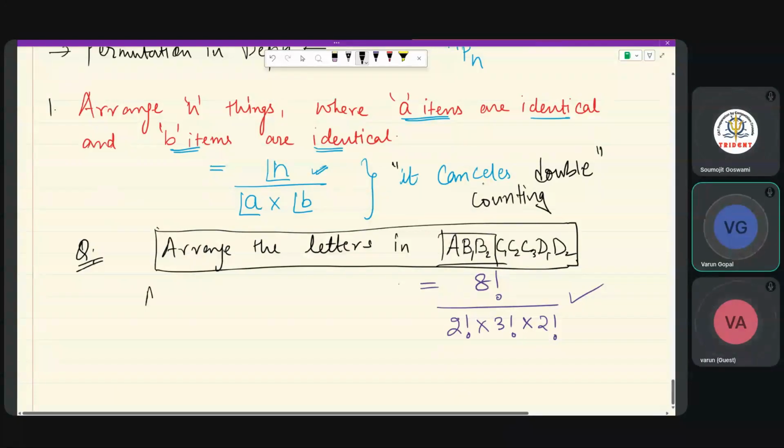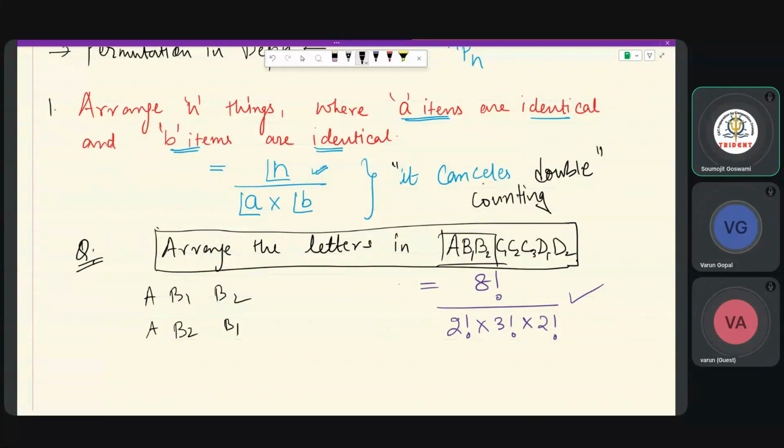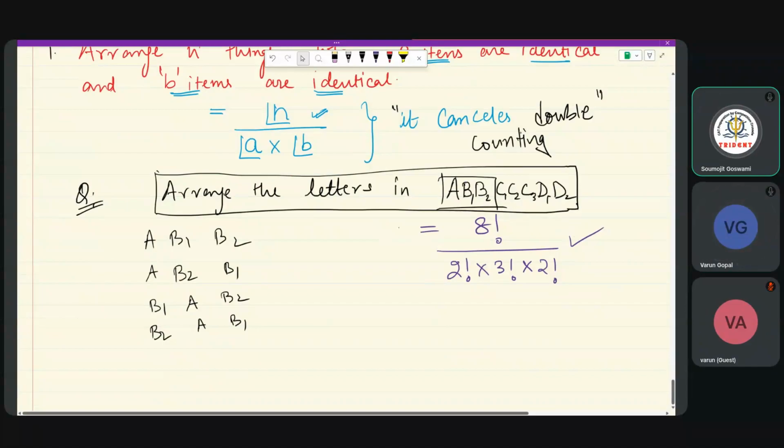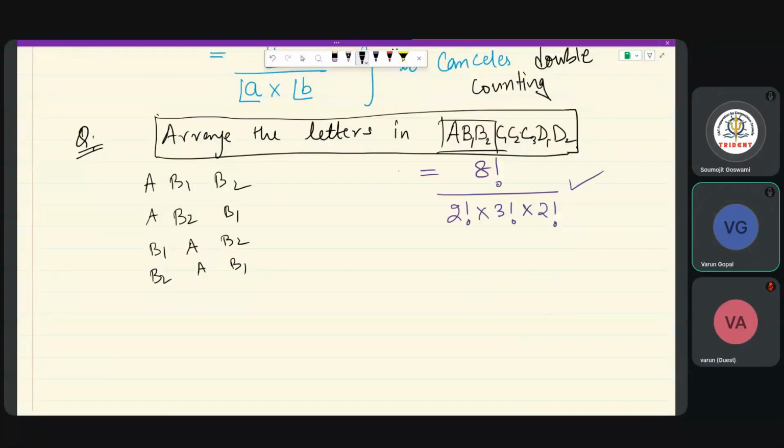A, B1, B2 is one arrangement; another could be A, B2, B1. B2, B1 are different, but I'm saying it. Then I can have B1, A, B2 and B2, A, B1. I can also have B1, B2, A and B2, B1, A.